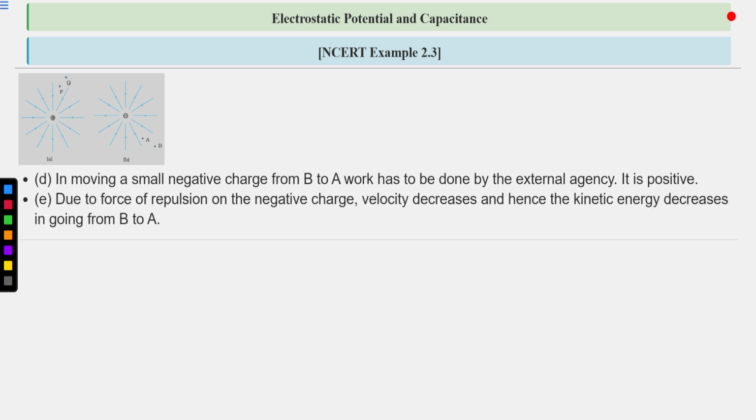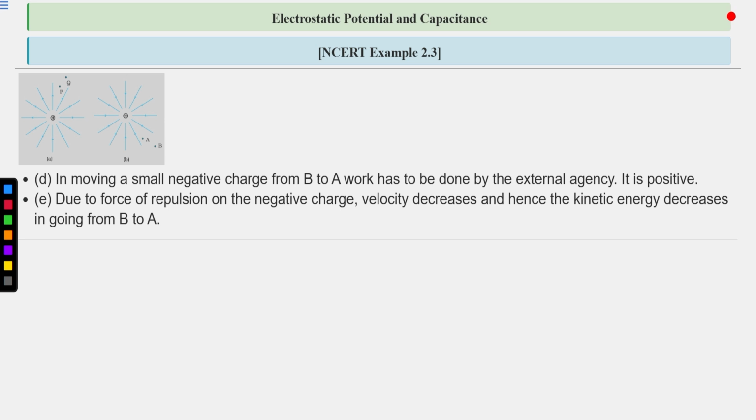E part. Does the kinetic energy of small negative charge increase or decrease in going from B to A? Now again, this is the basic fundamental concept. If we place negative charge on B, and this is also negative charge, there will be repulsion. If we give any velocity here towards this negative charge, due to repulsion, will velocity decrease or increase?